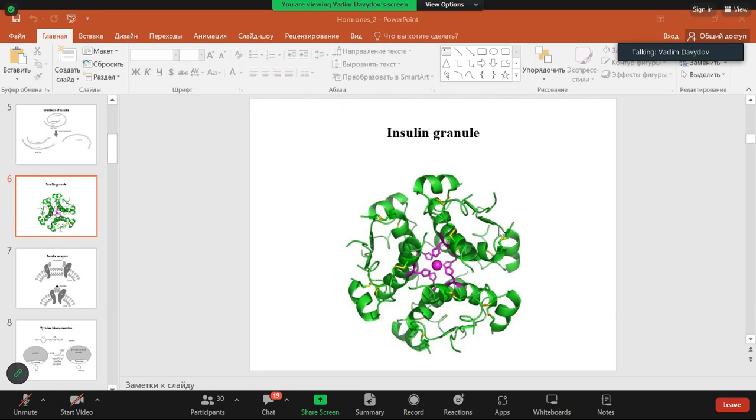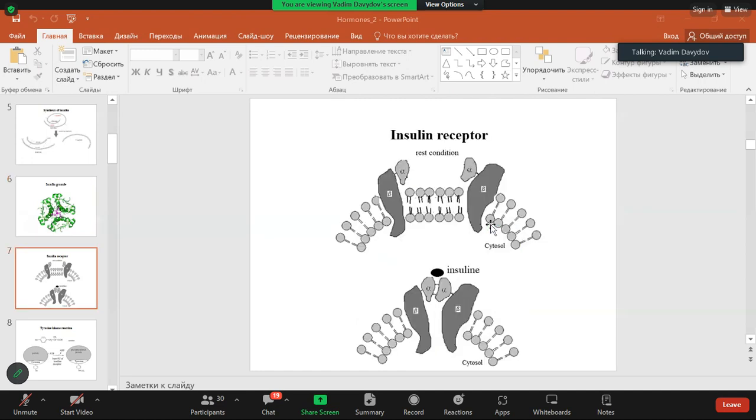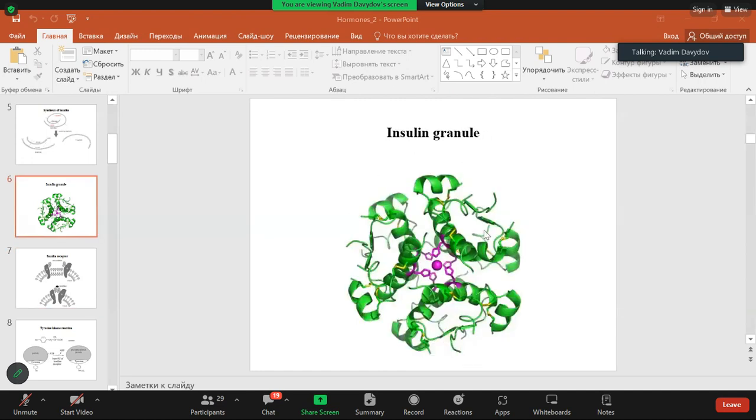So insulin's lifetime in the blood is about 10 minutes. In the 10 minutes, insulin may interact with its receptor. Now we will speak about the receptor. Or insulin may undergo the process of catabolism or clearance. Clearance of insulin, its decomposition, takes place in the liver and in the kidney.